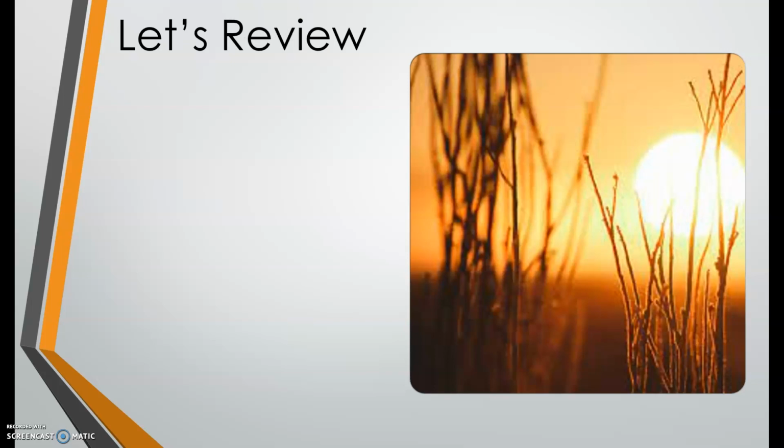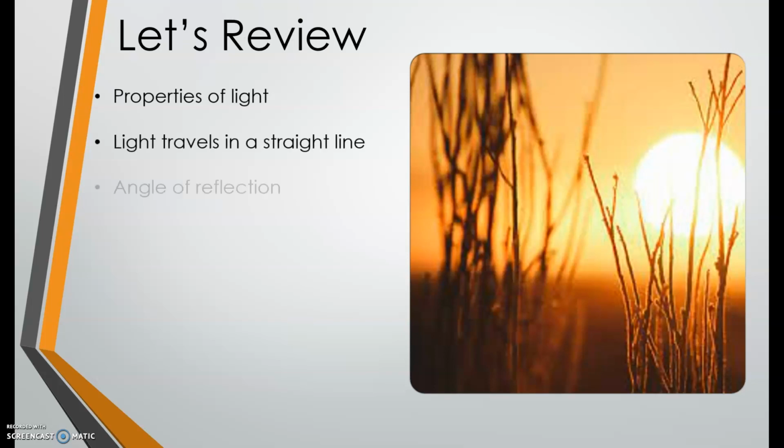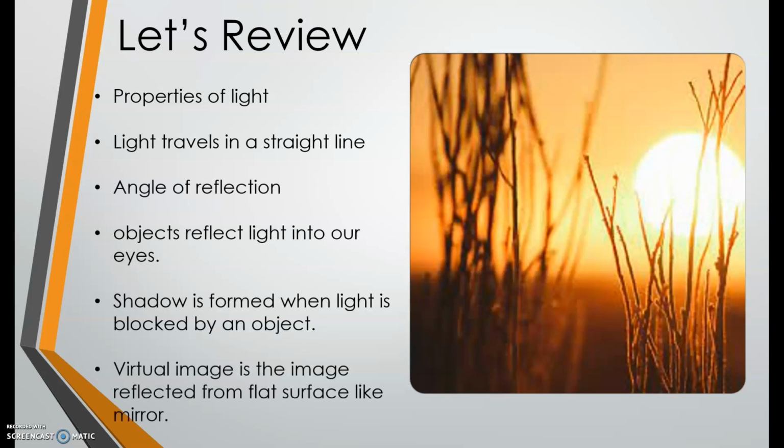Okay, so today we will just have a review from our topic last week. We talked about the properties of light. We also talked about that the light travels in a straight line.